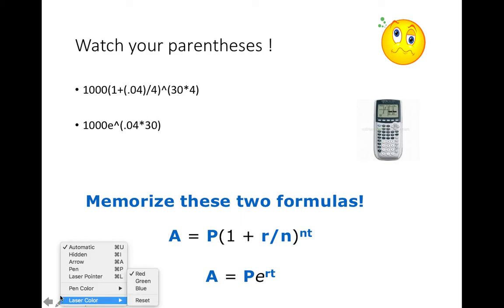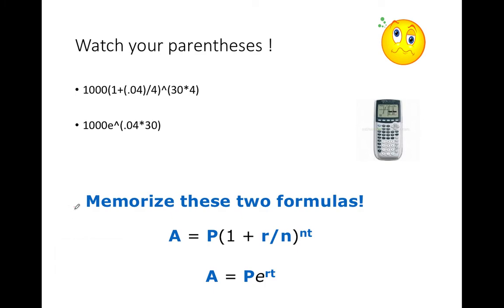And then you must memorize both of these formulas. This formula is the one we used for Hannah when n was 1, for Riley when n was 4, for Nick when n was 365. What number would you use for a bank that compounded interest monthly? n would be 12.